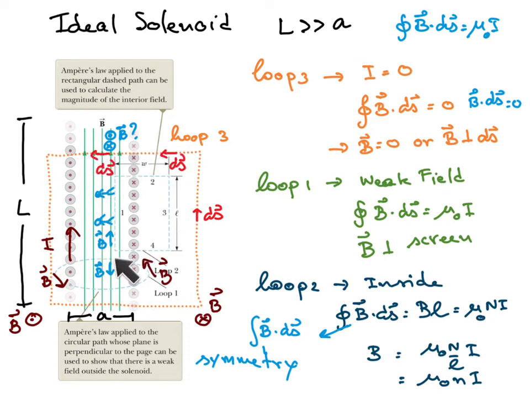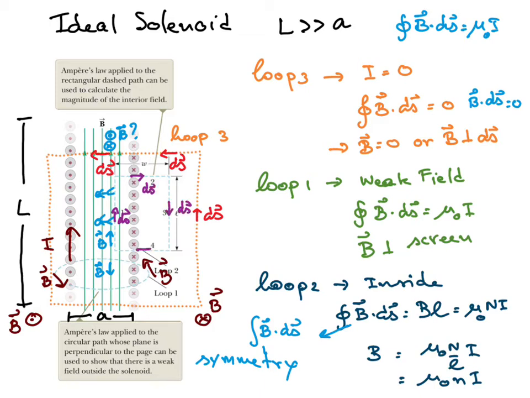But for loop number 2, you can see that only the current here passes through this loop, and the current points into the surface, right? So following the right hand rule, we must have ds in loop number 2 point in this direction.